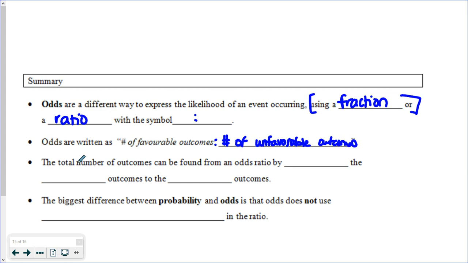The total number of outcomes can be found from an odds ratio by adding the favorable outcomes to the unfavorable outcomes. The biggest difference between probability and odds is that odds does not use the total number of outcomes in the ratio.